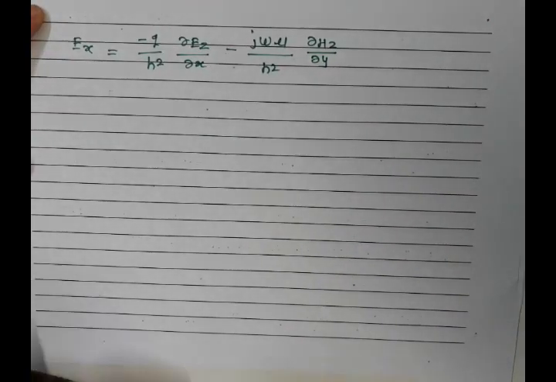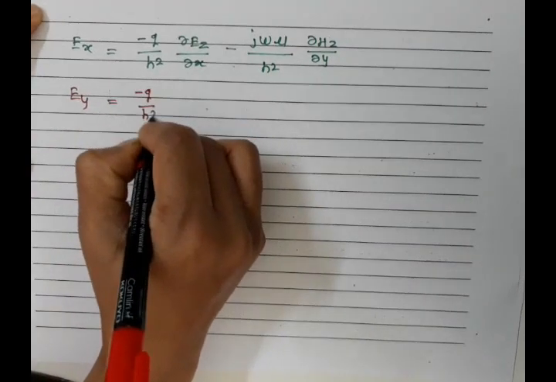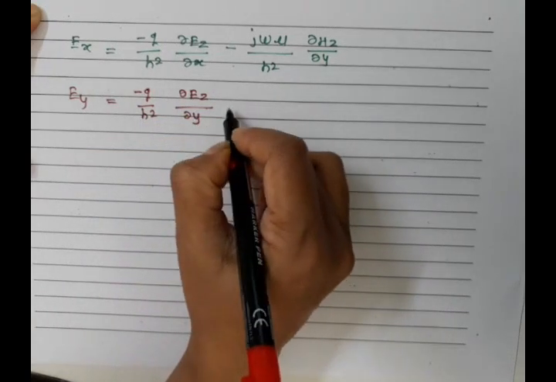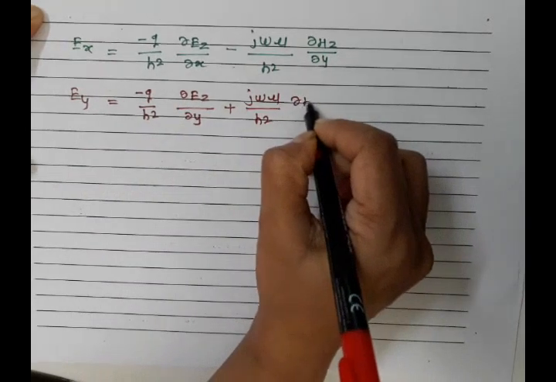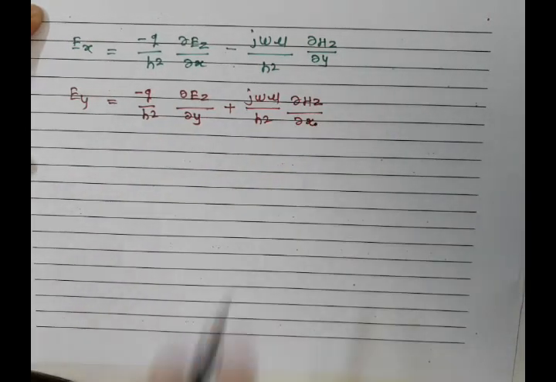This is your Ex component. What about the Ey component? Ey is minus gamma by h square d of Ez dy plus j omega mu by h square d of Hz dx. So this is your Ey component.